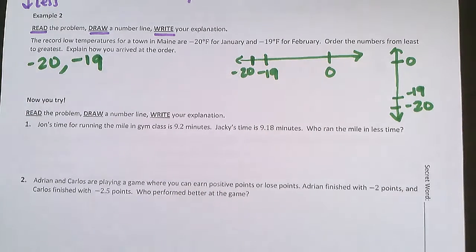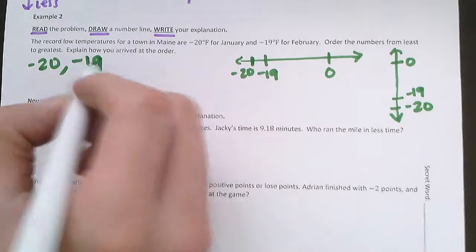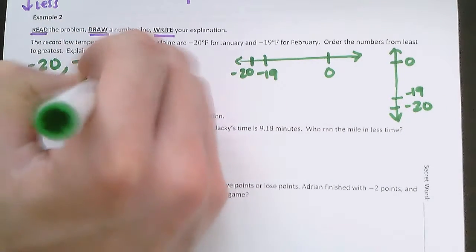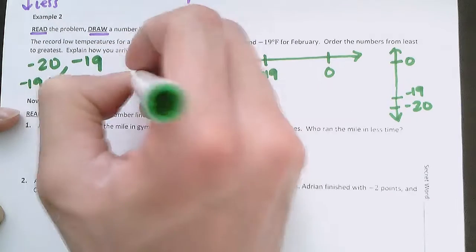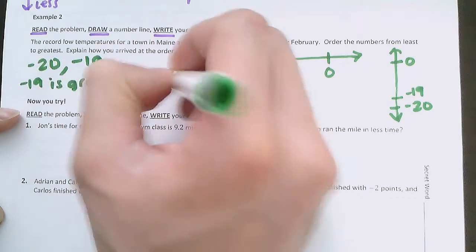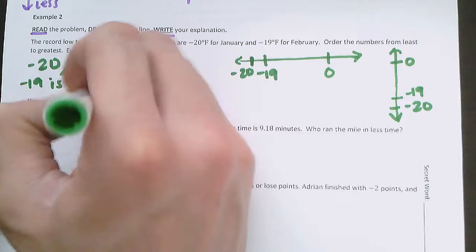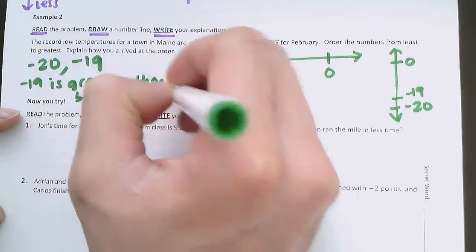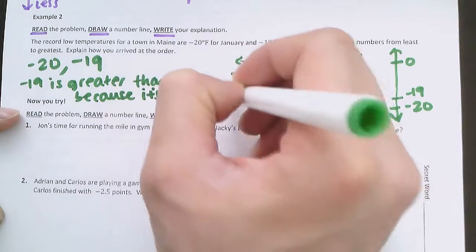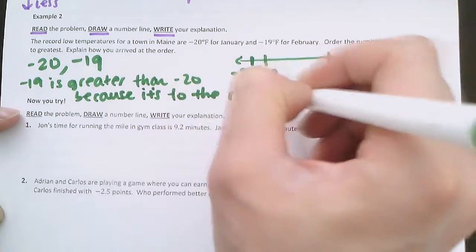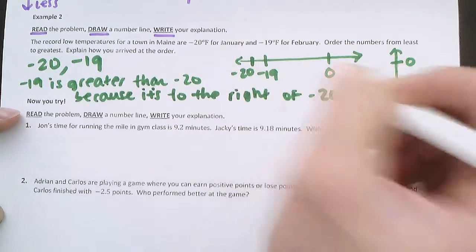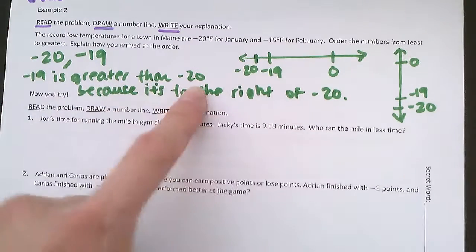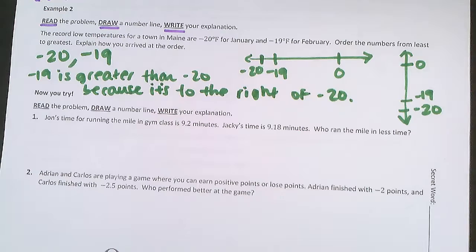And my explanation can just be, I can say what I just said, that negative 19 is greater than negative 20 because it's to the right of negative 20.